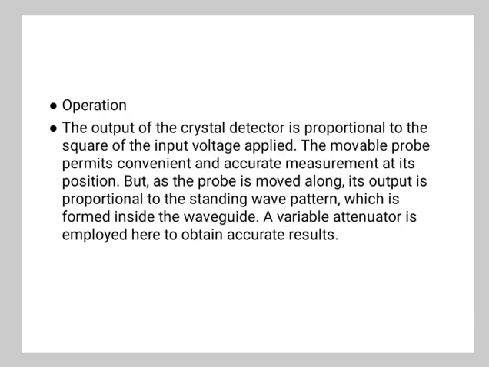The output of the crystal detector is proportional to the square of the input voltage applied, and the movable probe permits a convenient and accurate measurement. As the probe is moved along, its output is proportional to the standing wave pattern which is formed inside the waveguide.